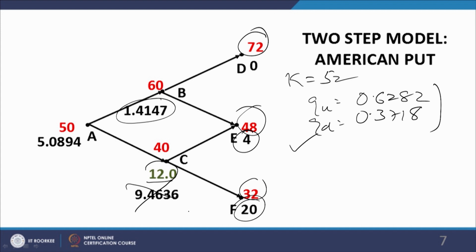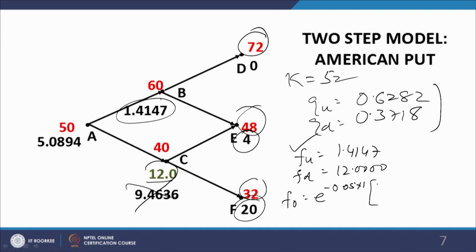at the node A. Therefore, what will be the values? q u and q d will be the same, of course, and f u will be equal to 1.4147 and f d will be equal to 12.0000, and therefore, we will arrive at f 0 is equal to e to the power minus r t, that is e to the power minus 0.05 into 1, into q u, that is 0.3718 into f u, and that is 1.4147 plus... I am sorry, this is 0.6282 into 1.4147 plus 0.3718 into 12.00.